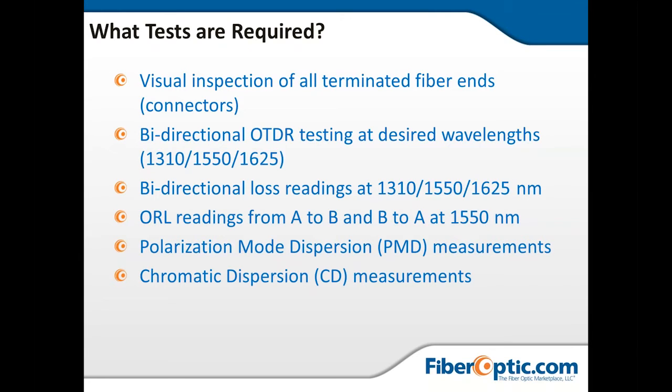The results of that ORL testing will be indicative of how clean our connectors are. So cleanliness is going to go to ORL. And then our polarization mode dispersion and chromatic dispersion measurements are going to be the other tests that we run.